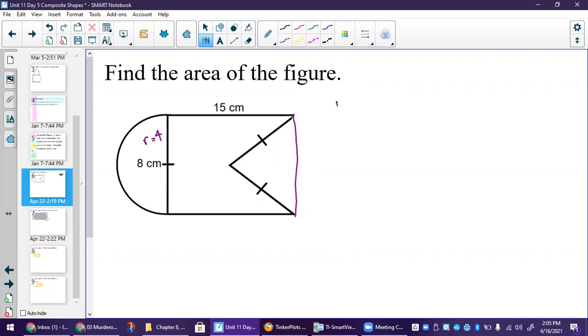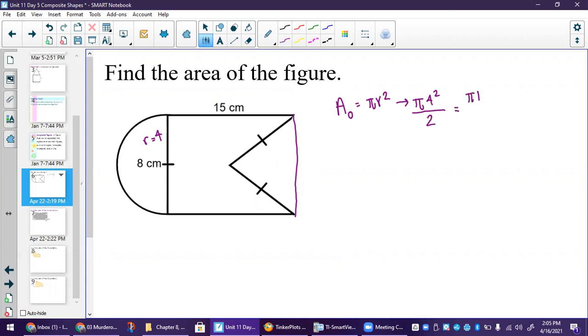I know that the area of a circle is equal to pi r squared. Here r is 4. However, it's half of a circle, so I don't want the whole area of the circle. I want half of it.